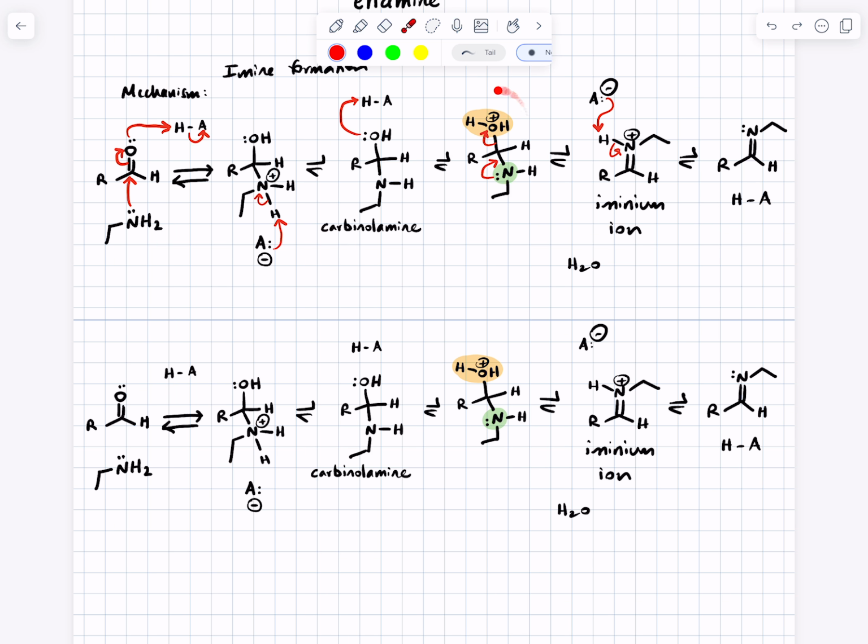So it's actually more stable to be here than it is to be here. It's better to have the nitrogen protonated than the oxygen. So how is it that this is possible? You should think of it as a landscape where we're ascending a peak at this stage to come to a high plateau, and there's peaks and valleys in there, and one of them is lower than the other, but then on the other side of it we go downhill again. So you're right that there's probably more of this ammonium ion than this oxonium ion, but if we're removing water to push the equilibrium forward, then it's no problem. We're still going to get the imine product.